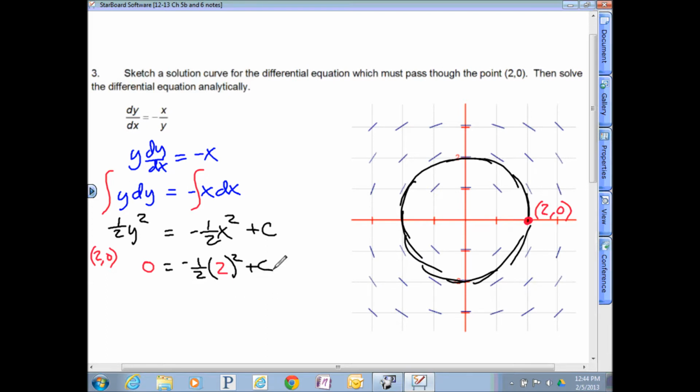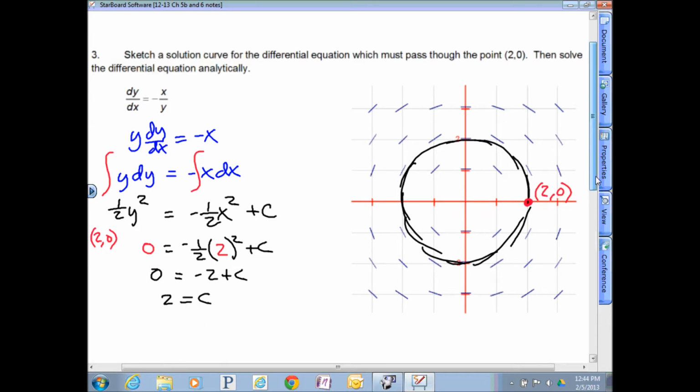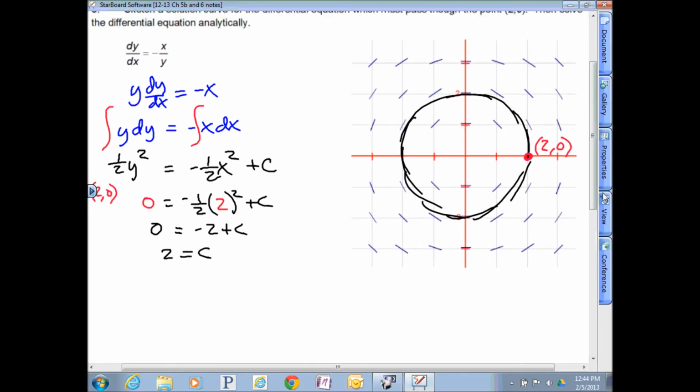So I think -2 plus c is equal to 0, so c equals 2. So what does this equation really look like? Well, this solution curve is 1/2 y squared equals -1/2 x squared plus 2. Well, there's a solution curve.